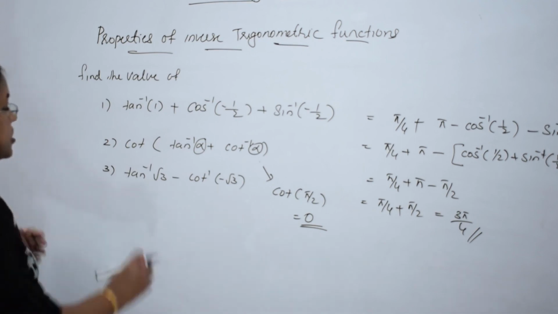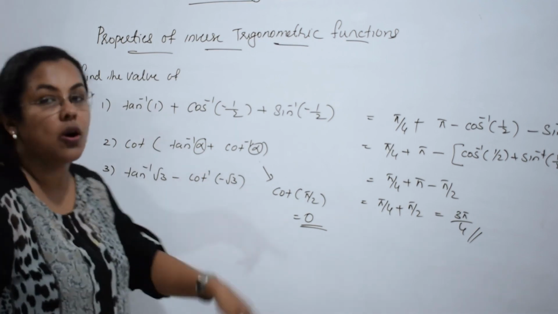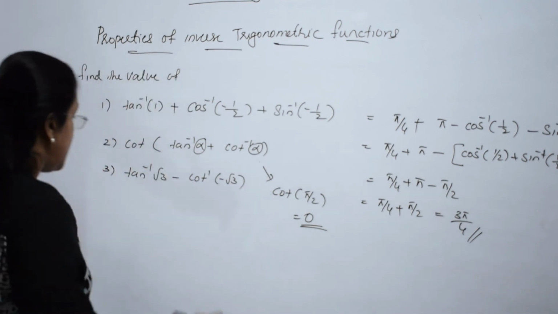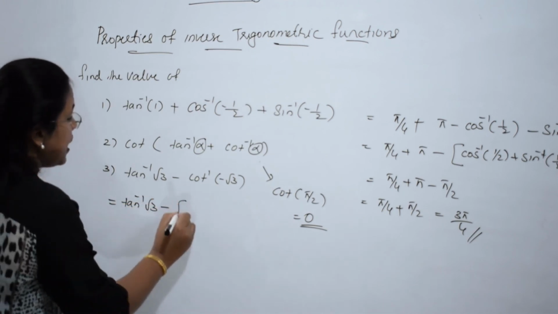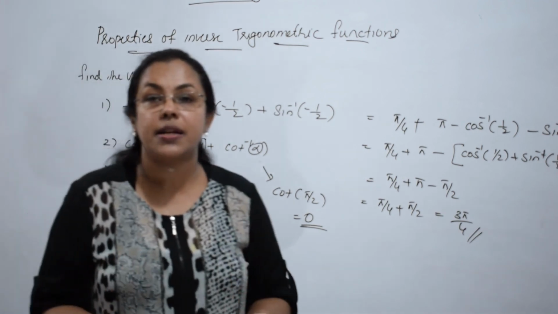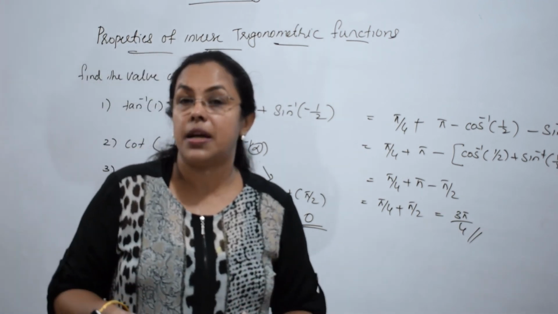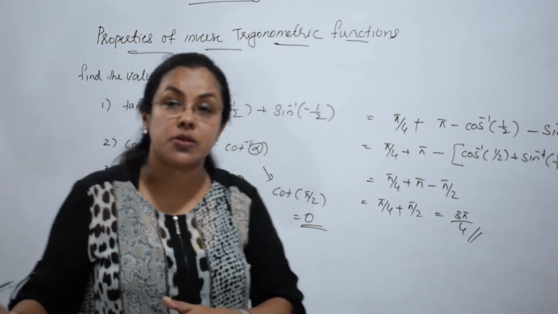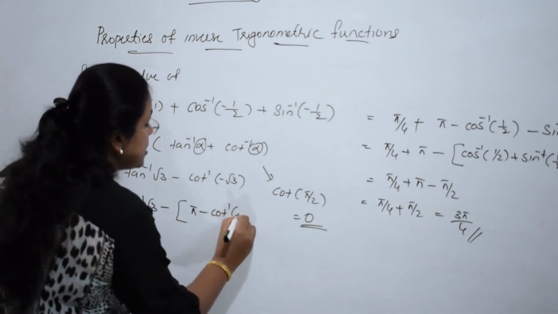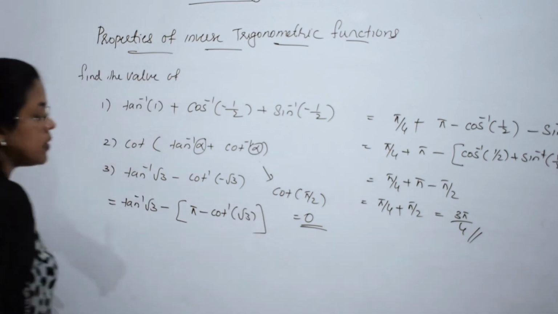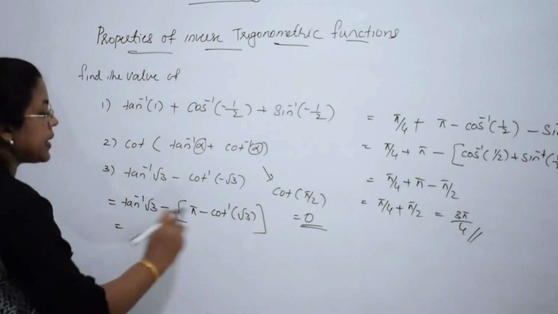Now look at the third question. Tan inverse root 3 minus cot inverse minus root 3. We can rewrite it as tan inverse root 3 minus, what is cot inverse minus x? Cot inverse minus x is nothing but pi minus cot inverse x. So we can write it as pi minus cot inverse root 3. Okay. Now open the bracket and group it.